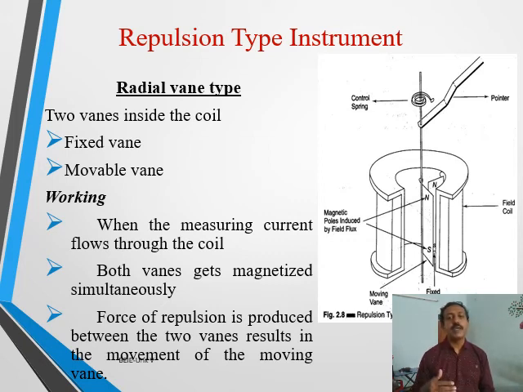When the movable vane moves away from the fixed vane, the spindle moves, and when the spindle rotates, the pointer moves, and we get a deflection over the graduated scale. Thus we get the readings in the repulsion type instrument, and there is also a control spring that provides the controlling torque.